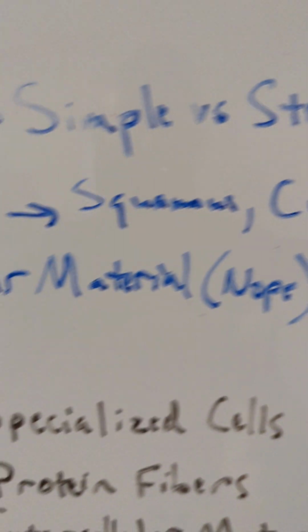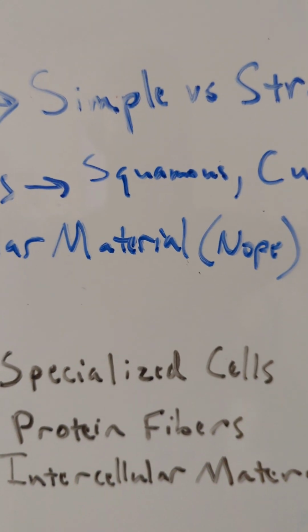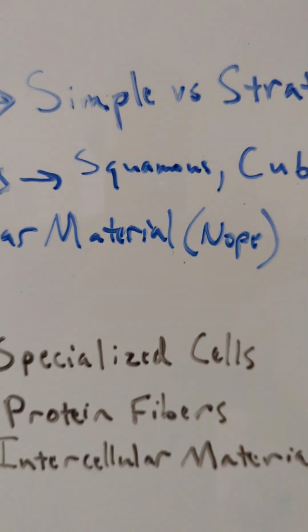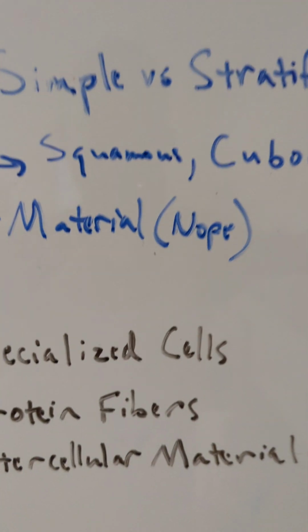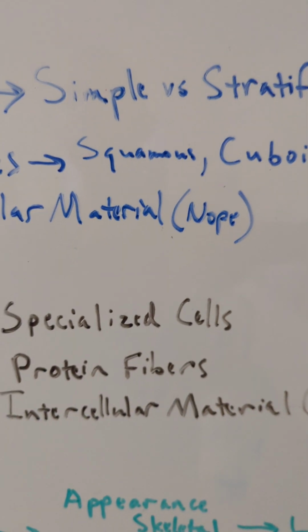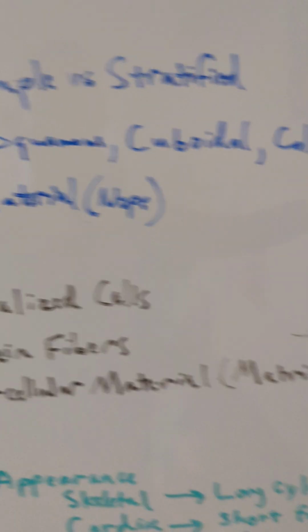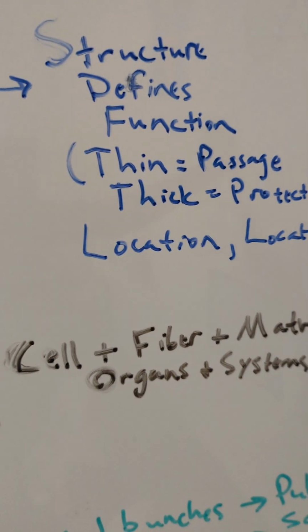Because simple is only one layer and squamous is flat, and that is the least protective layer of epithelial tissue you've got. And your stomach has hydrochloric acid in it, so it's not going to have something that thin that acid can just burn right through. So keep that in mind when you're talking about location of epithelial tissue.